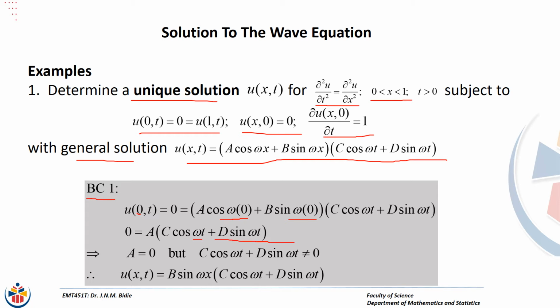Now, one other thing that we need to stress is that the general solution of the wave equation cannot be equal to 0. So if we have this situation, 0 is equal to a into c cos omega t plus d sine omega t as the second bracket, we remember from high school, it would mean that a is equal to 0, as well as the second bracket is equal to 0.